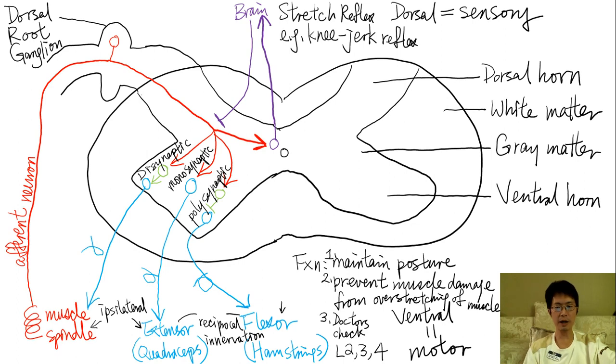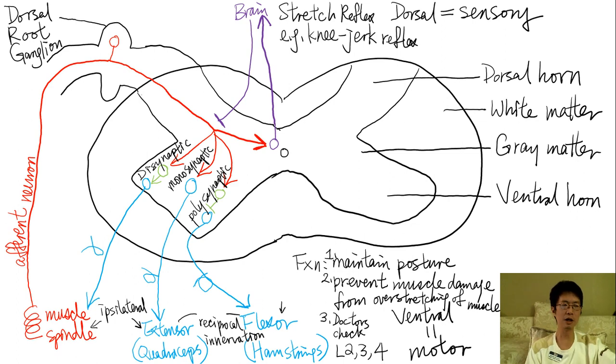Okay, so when people say, oh, I don't have knee-jerk reflex, basically what happens is that when people hit their patellar ligament, they intentionally inhibit it. They are using this pathway, intentionally inhibit the reflex. That's why they said, oh, I don't have knee-jerk reflex.